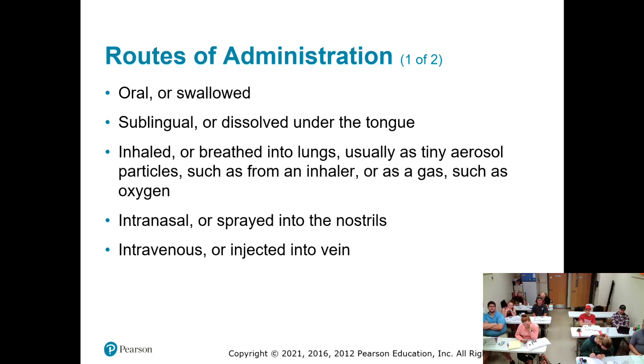The other form is inhalation, so breathed into their lungs, aerosolized, and then from there, if you're using albuterol, it affects their beta-2 receptor sites for bronchodilation. Intranasal, sprayed into their nostrils. Narcan, we use intranasal. And then intravenous is injected into a vein directly.